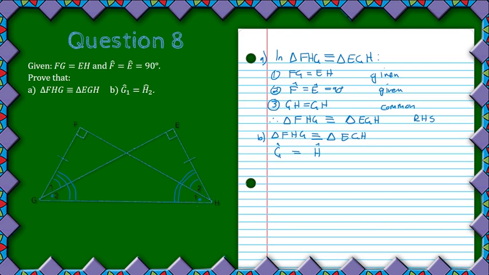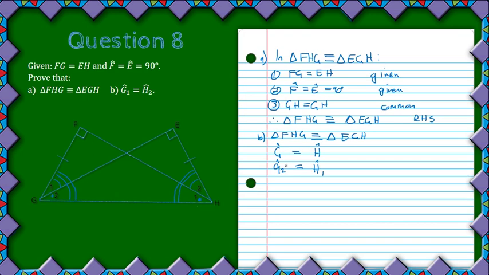So now I'm going to state that, but first, before I show that they are equal, let's just write it now. Let's say that angle G2 is equal to angle H1, and that's also a consequence of these two triangles being congruent.